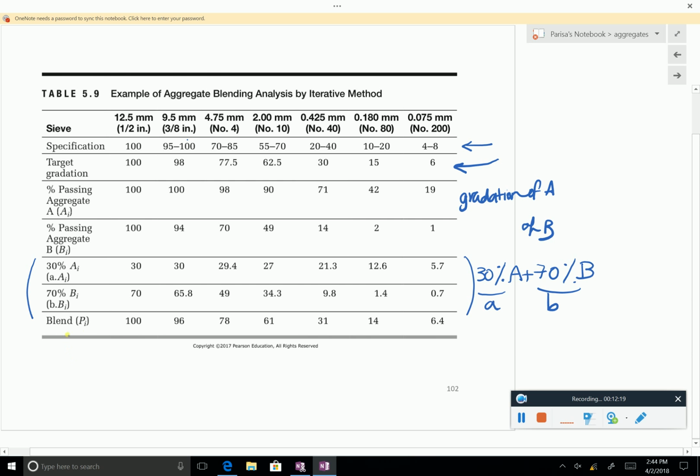So to get the blend, you multiply 30% by the percent passing of one and sum it up with 70% of the other, and that's how you get it.